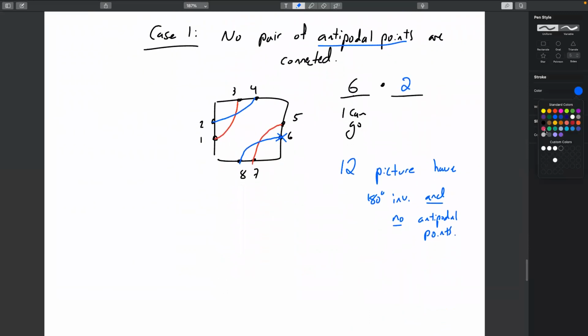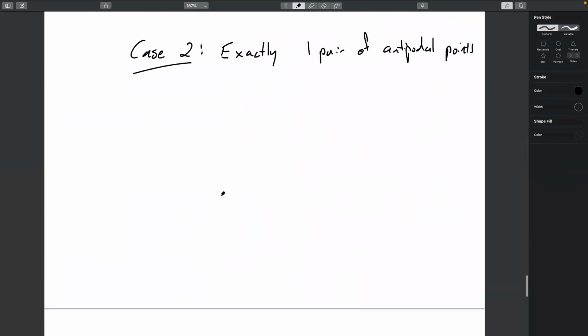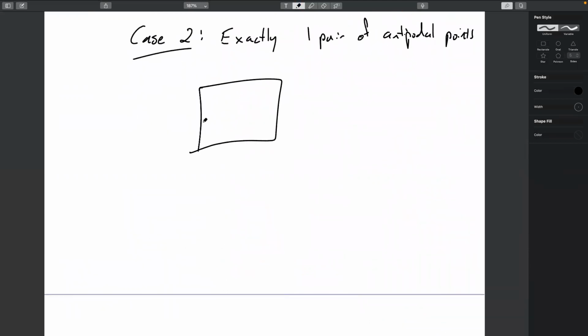Case 2 is exactly 1 pair of antipodal points. Let's draw the picture for this and think about it.